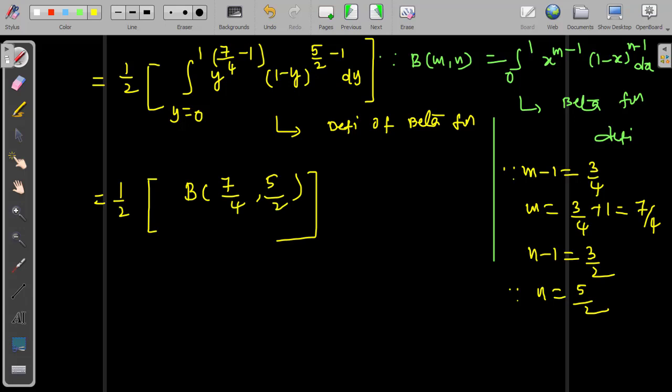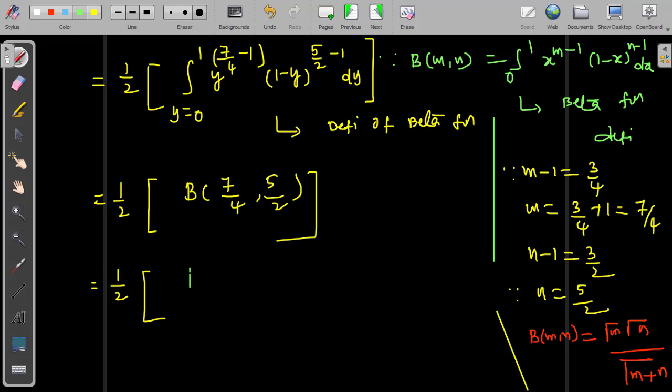Now after that, again use the beta gamma relation for further simplification. The beta gamma relation is beta of m comma n equal to gamma m times gamma n divided by gamma of m plus n. Now use here gamma of 7 by 4 times gamma of 5 by 2, divided by gamma of 7 by 4 plus 5 by 2.